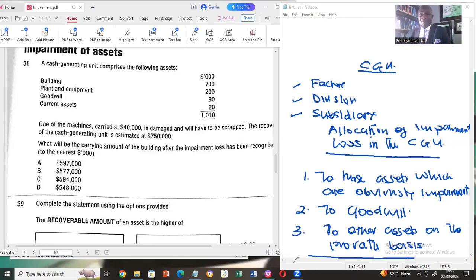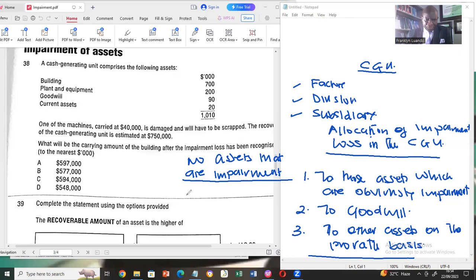Then we can also consider the other situation where there are no assets that are obviously impaired. Where there are no assets which are obviously impaired, the allocation will be as follows.